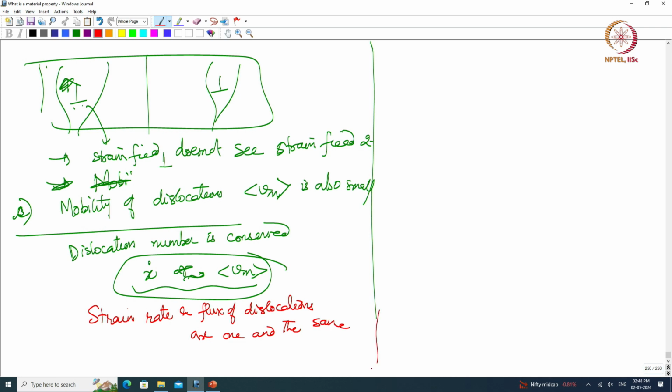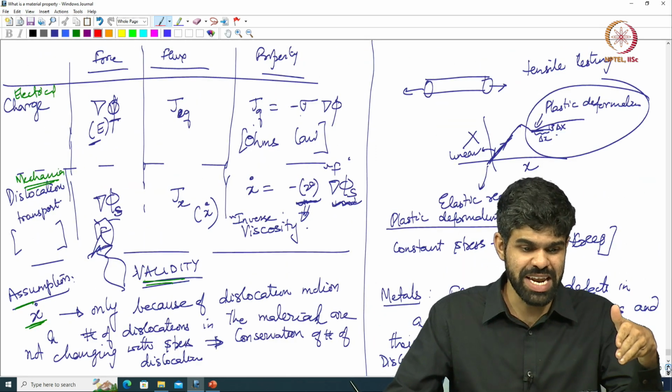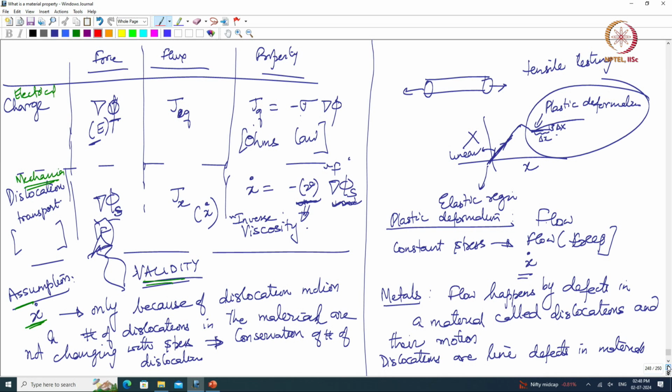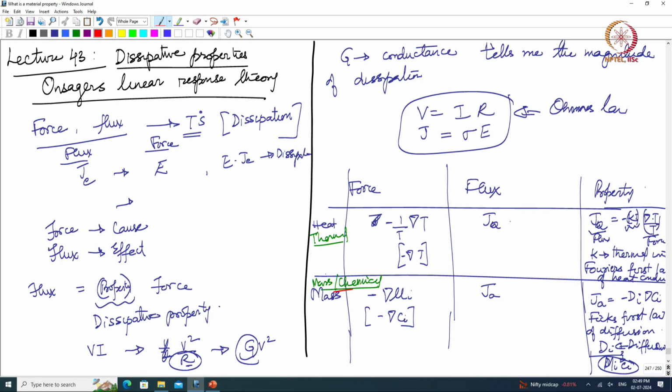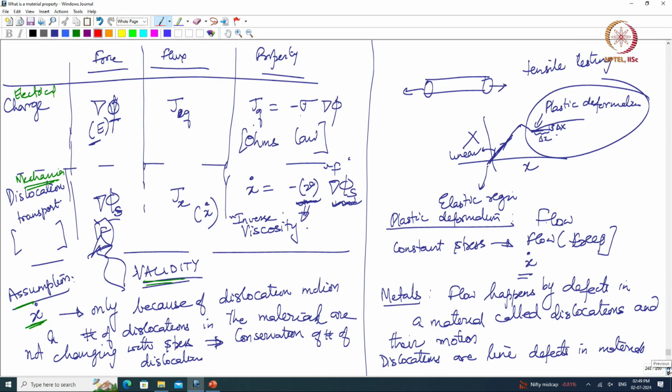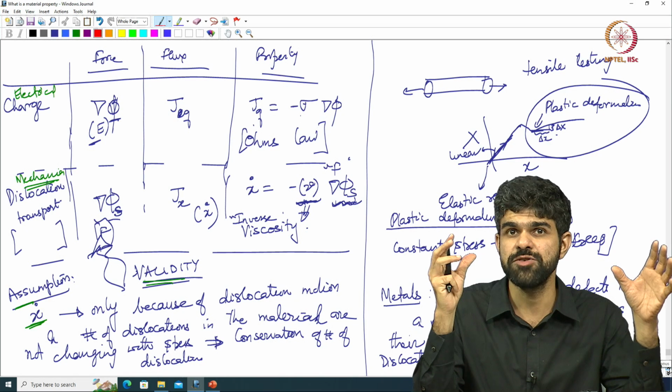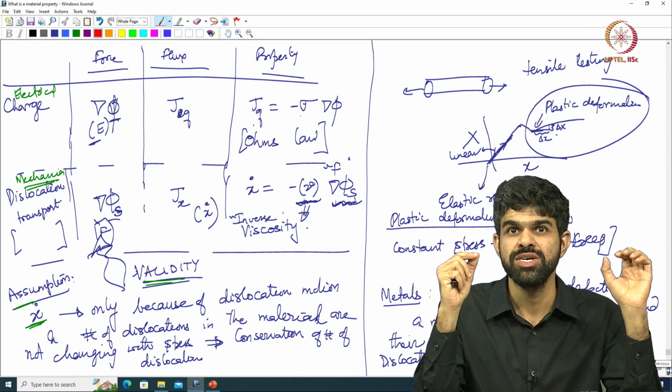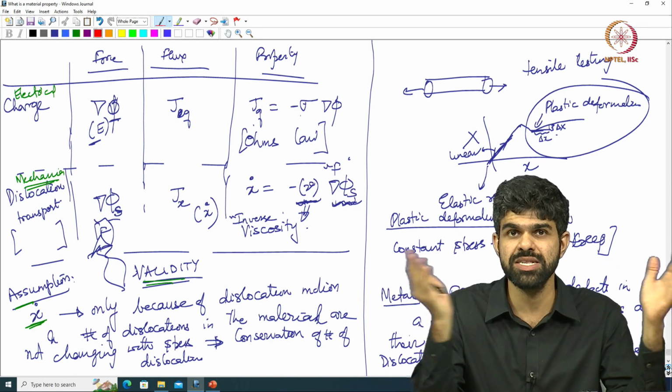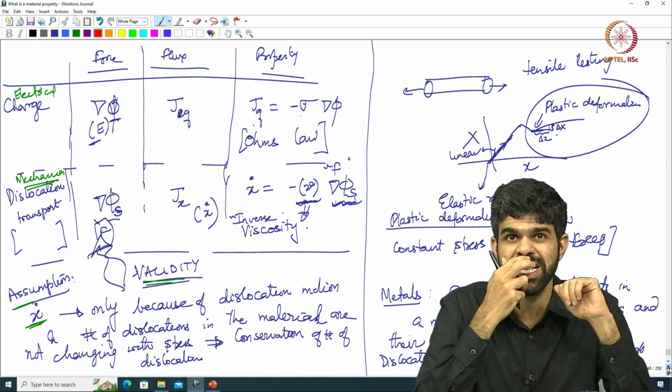Okay. So, in general mechanics, people do have theories, which I am not going to discuss in this class, different from dealing with the electrical, thermal, or chemical problem, to discuss the strain problem. You will always see mass diffusion, heat diffusion, charge diffusion, all these things have a similar mathematical framework.